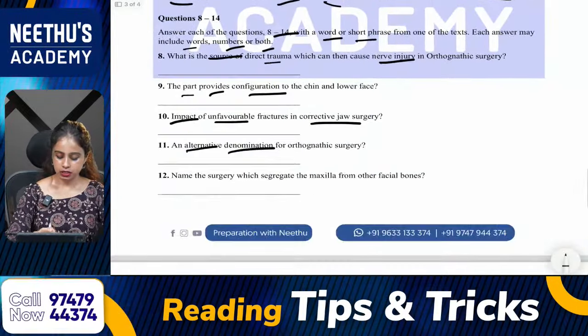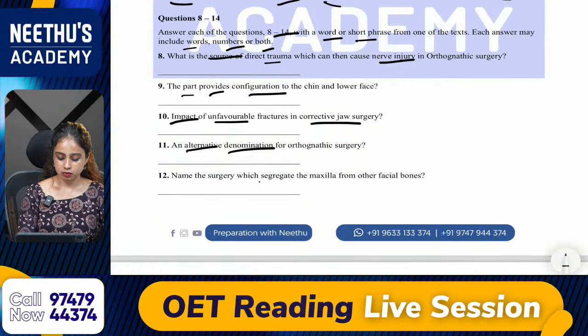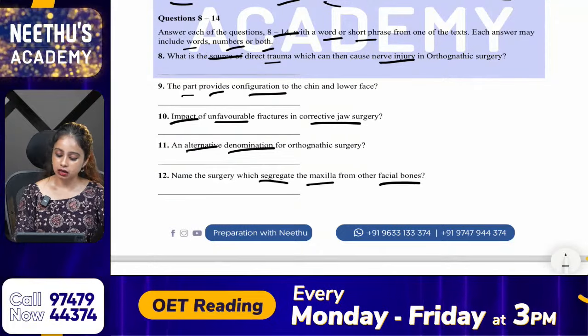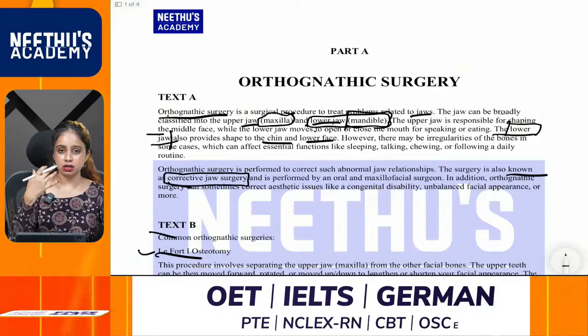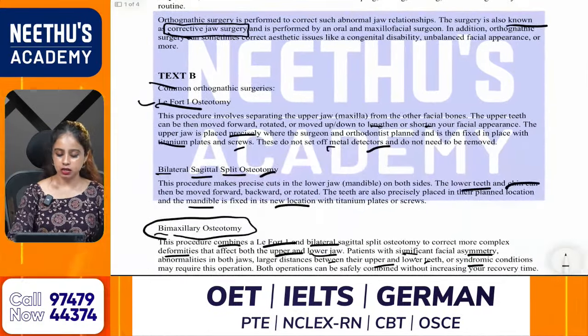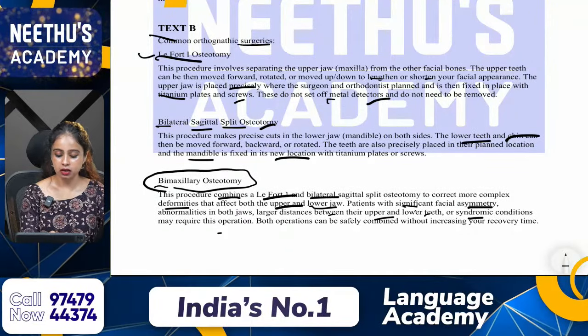Okay. So, the very next question, name the surgery which segregates, which means separates the maxilla from other facial bones. Okay. So, where is it mentioned, the different types of surgeries or names of surgery? As you can see, it is mentioned in text B. Common orthognathic surgeries.